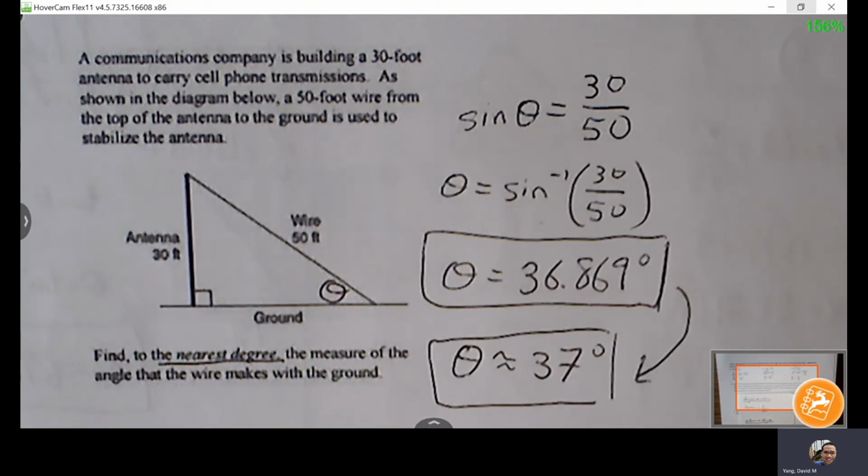Let's come over here. 37 degrees. I got 36, I just didn't round it. It says round to the nearest degree, so 37 degrees. 36.3 inches.